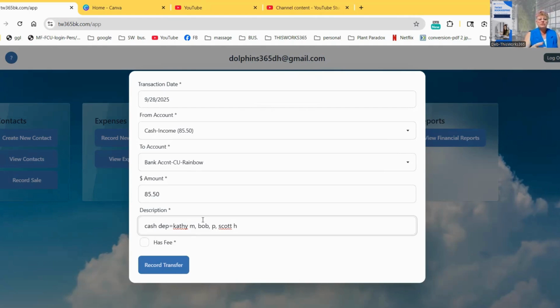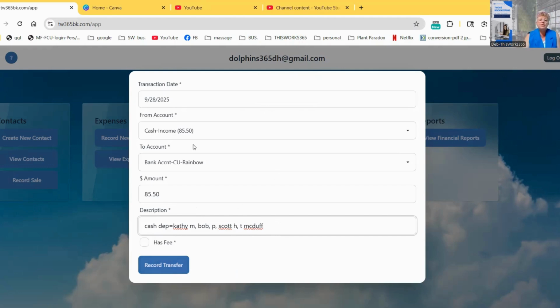You could do T McDuff, depending, you do you, and however that tracks. But that way, when you go back and look at what's going on, you're like, oh yeah, that's where that information came from, when you are reconciling and making sure that your bank statement matches your bookkeeping software here.